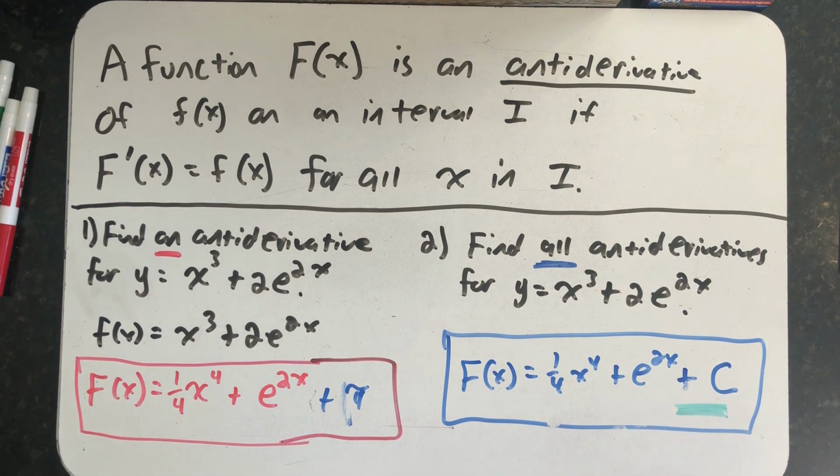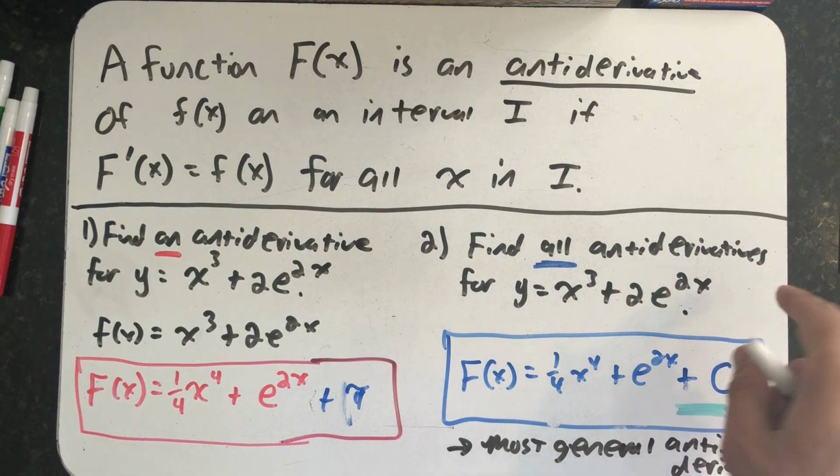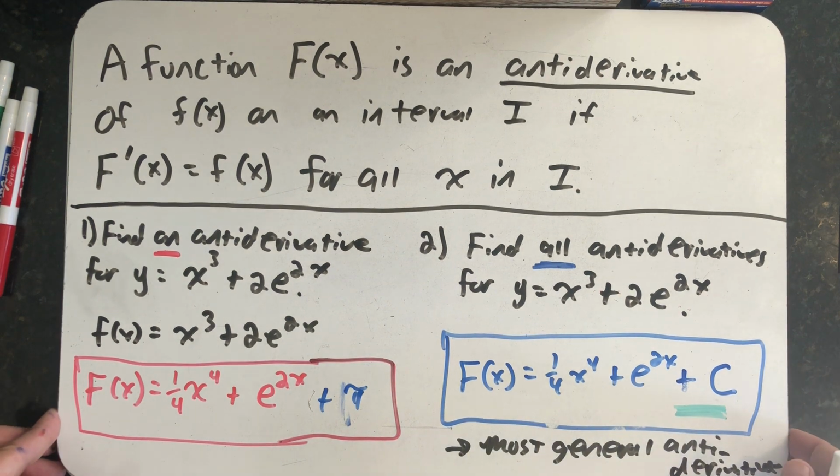Sometimes, instead of being asked to find all antiderivatives, this is written down as finding the most general antiderivative. So if you see the instructions to find the most general antiderivative, that's also asking you to find all of the antiderivatives.